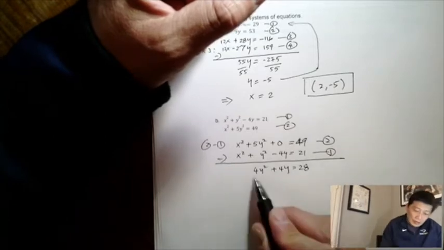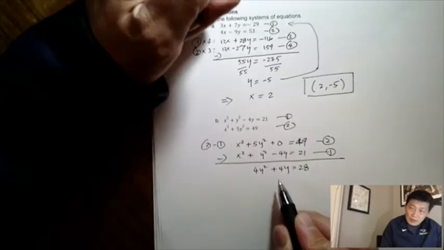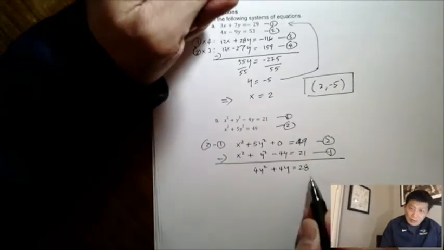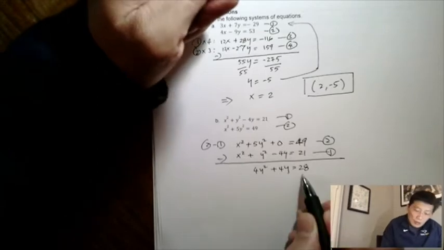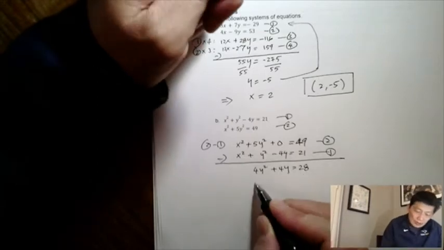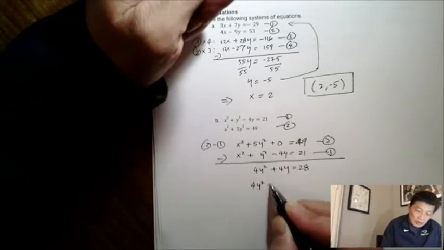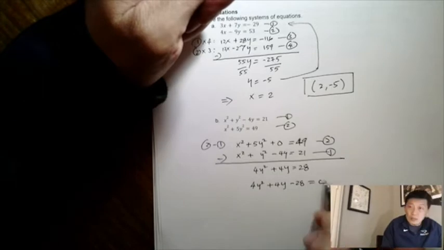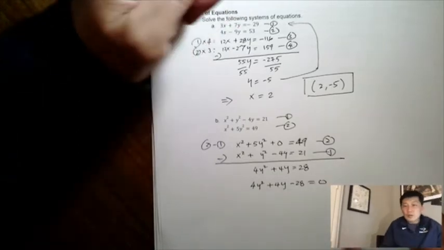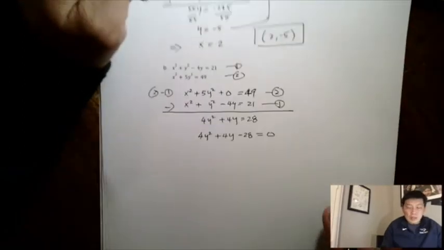Now notice this almost looks like a familiar quadratic equation in terms of y. So what I would do is write it in the form I am familiar with: 4y squared plus 4y minus 28, and set it equal to 0. Now you notice immediately this is a quadratic equation form.